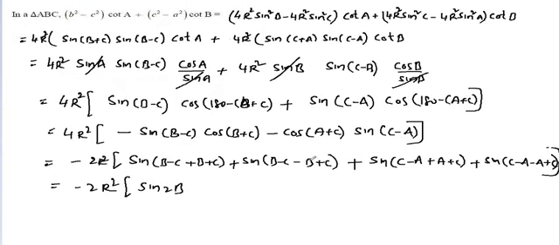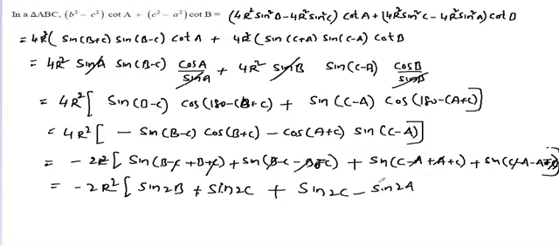that is equal to minus 2R² into, here C and C cancel, that is sin 2B, here B and B cancel. Sin of minus 2C is minus sin 2C, plus sin 2C, plus here A cancelled, plus sin 2C plus sin(C−A−C), here C cancelled, sin of minus 2A, minus sin 2A, minus sin 2C plus sin 2C cancel, that is equal to minus 2R² into sin 2B minus sin 2A.